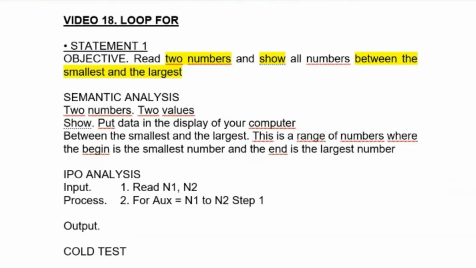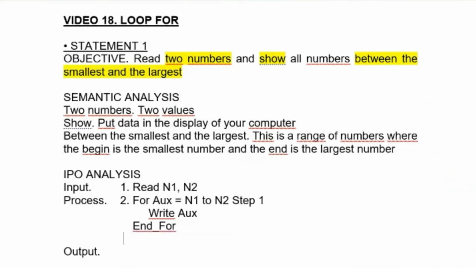Step 1 means you are going from N1 to N2 one by one. Okay? Then you write here the content of aus. And this is the end of the for.